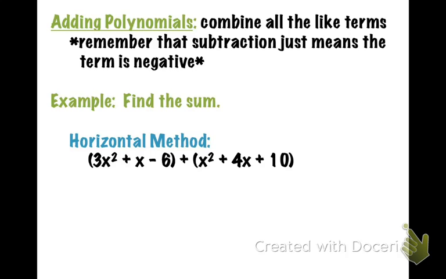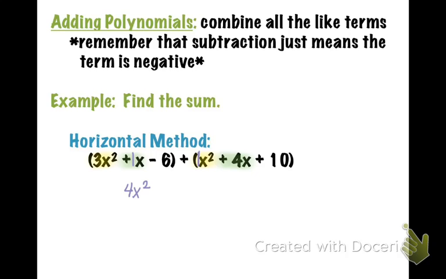So looking at this first one, I have an x squared here and an x squared here. So 3x squared plus, remember this is a 1x squared, that makes 4x squared. And then I have an x to the first that's positive and a 4x to the first that's positive.